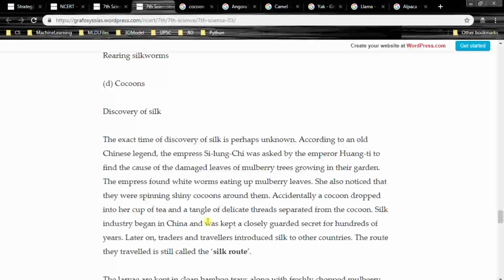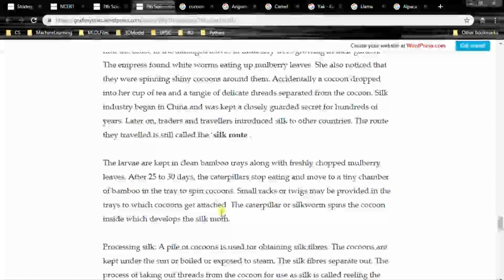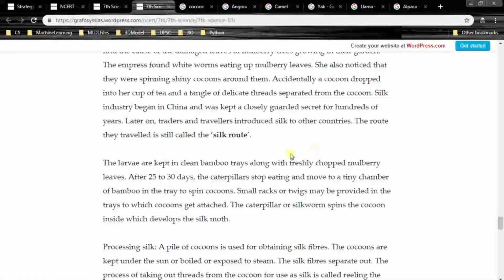And one day accidentally the cocoon dropped into her tea, and she saw the delicate threads, and later they separated it from the cocoon, and from there the silk industry began in China. And it was introduced to other countries also, and the route through which they traveled is called Silk Route.